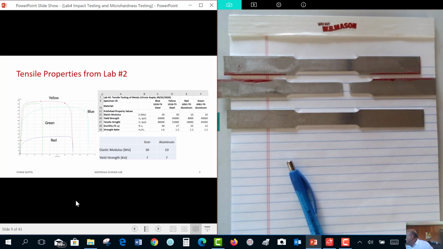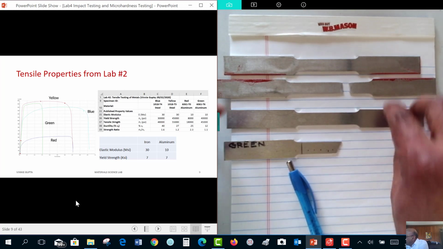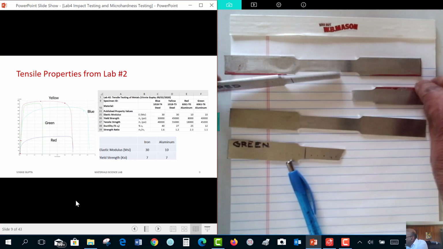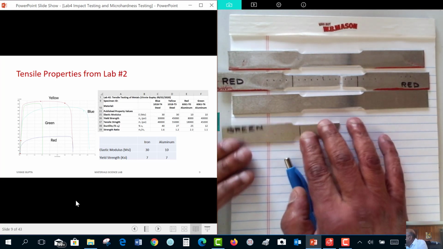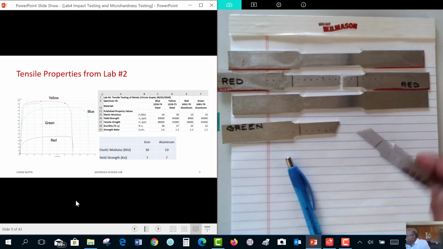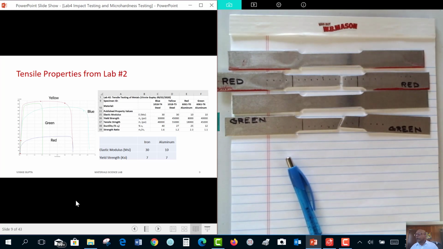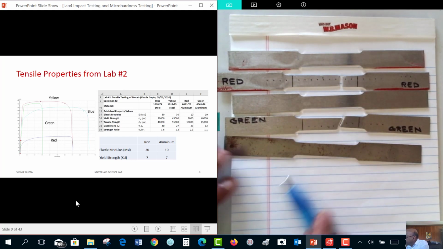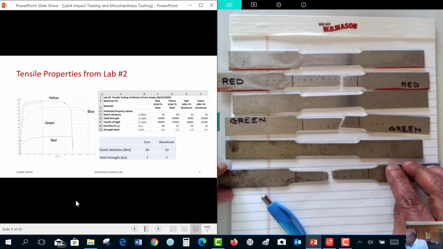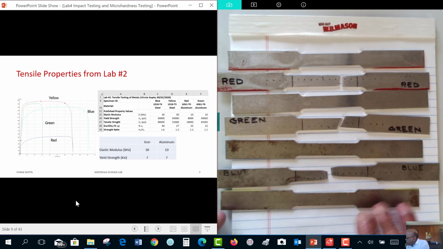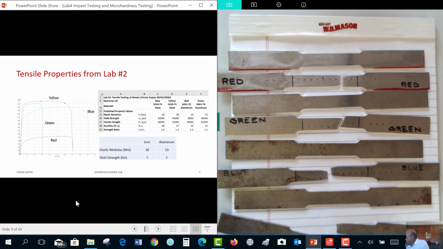We took this green sample and broke it in two pieces. Then for your lab, I had given you a blue steel sample, which we broke in two pieces. And a yellow steel sample, which we broke in two pieces.